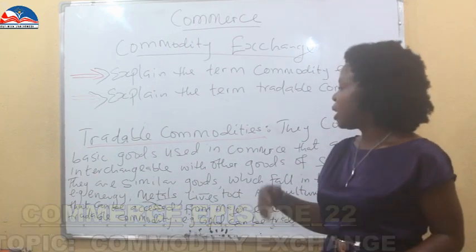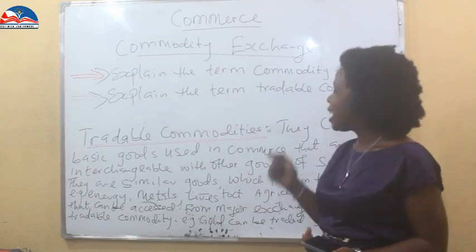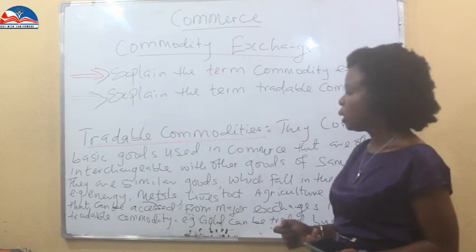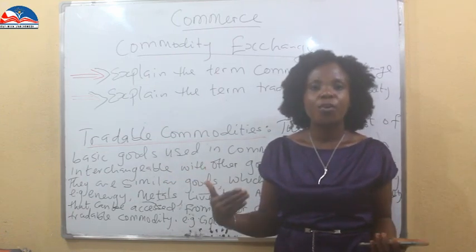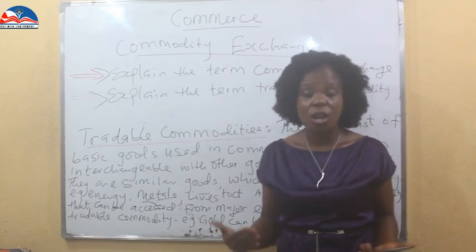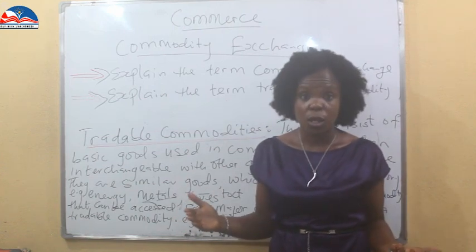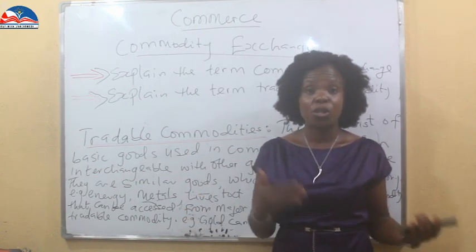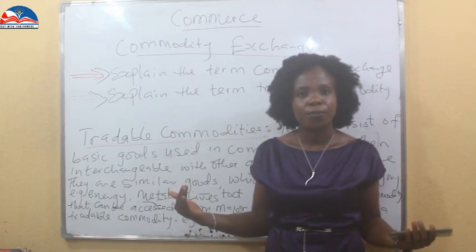Any commodity that can be accessed from major exchanges is called a tradable commodity. Any commodity that can be traded in different exchanges, not in one exchange this time. We have different exchanges all over the world, and these commodities can be traded in these different exchanges. It's a tradable commodity.